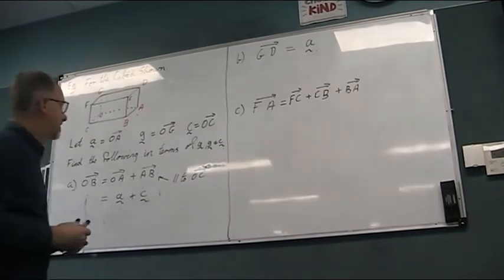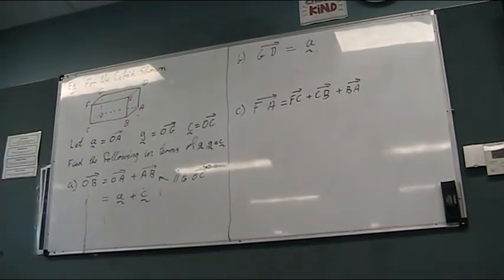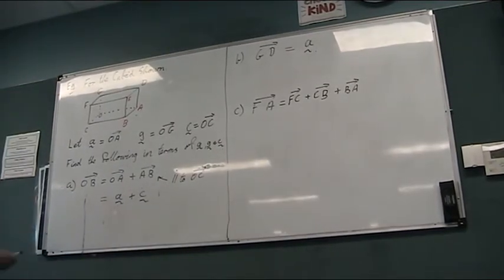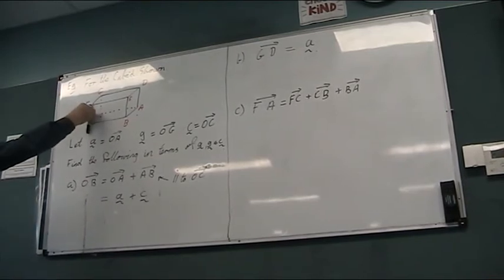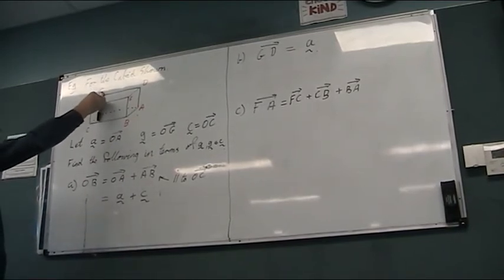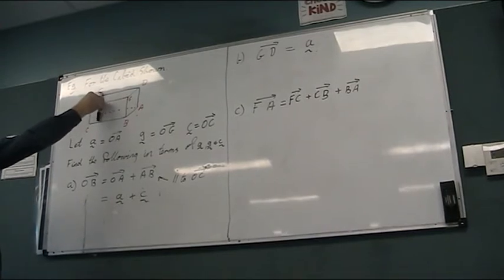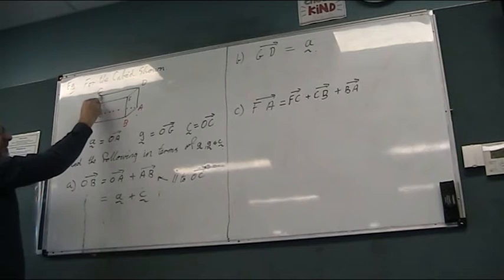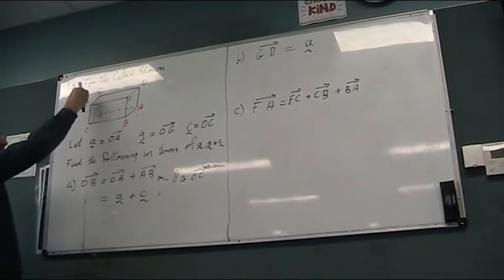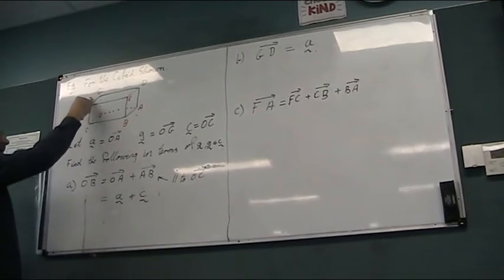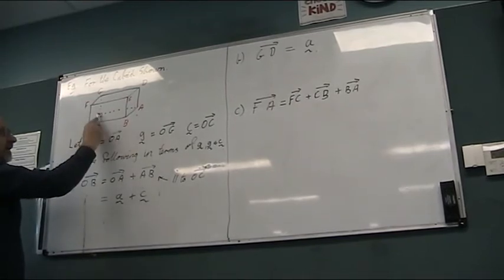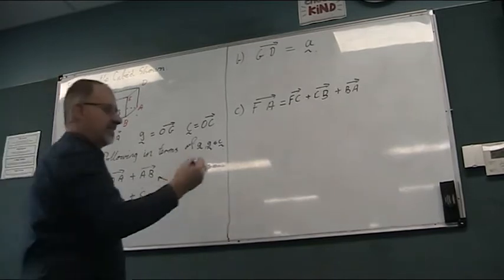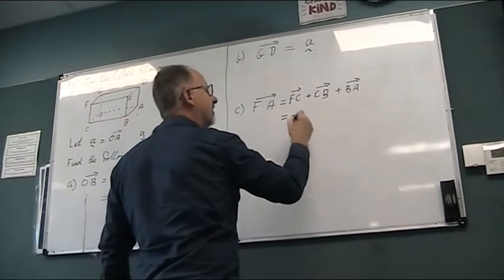And so now we need to have a look at things. All right, F to C, that's this one here, which is parallel to that side. And it's parallel to O to G, but we're going the opposite way, aren't we? We're not going up, we're going down. So because we're going the opposite way to O to G, we need to put in a negative.